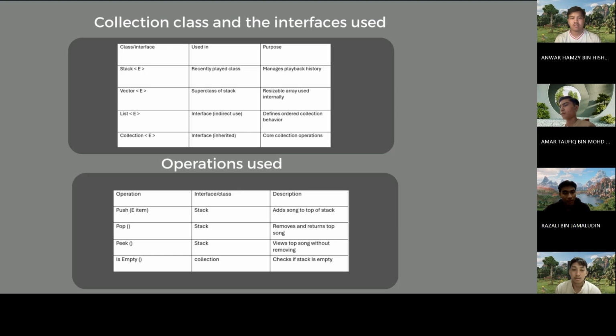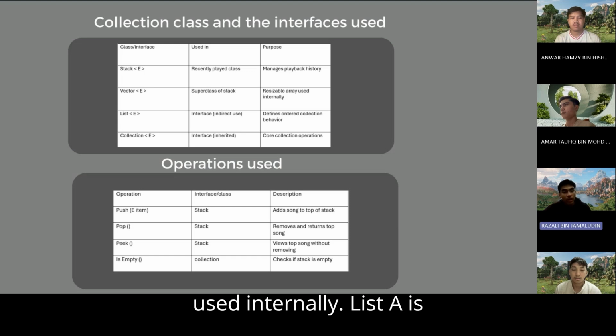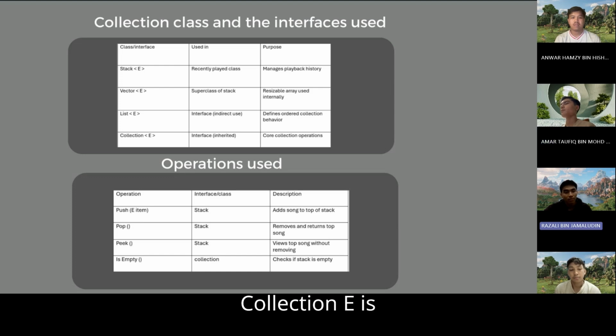Vector of E is the superclass of stack, a resizable array used internally. List of E is an interface, indirectly used, that defines ordered collection behavior. Collection of E is the interface for core collection operations.